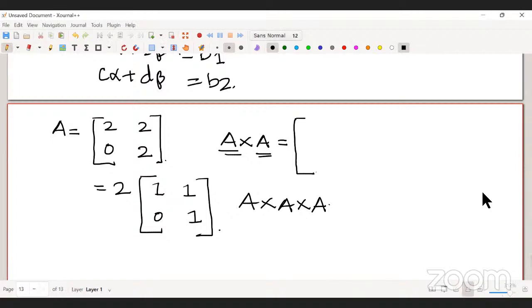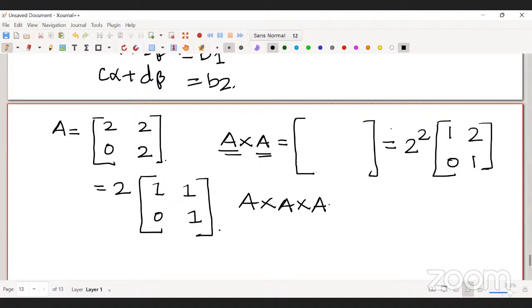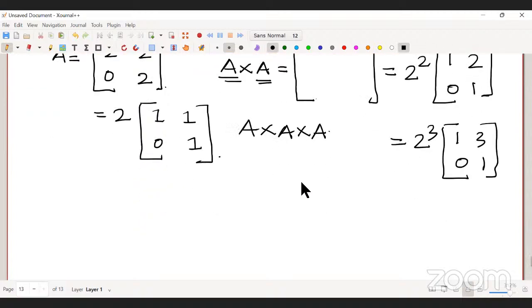You try multiplying A times A, and you see whether A times A is coming like this or not, that is 2 power 2 times the matrix 1, 2, 0, 1. Then you see whether A cubed is 2 power 3 times 1, 3, 0, 1. If this holds for 1, 2, 3, then most likely it will hold for 10 also. Okay, sir.